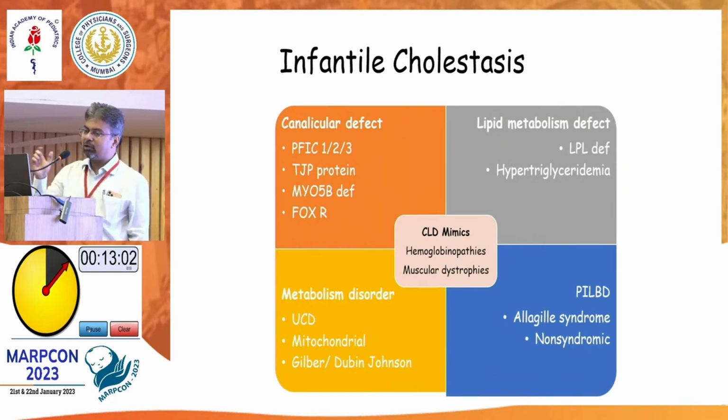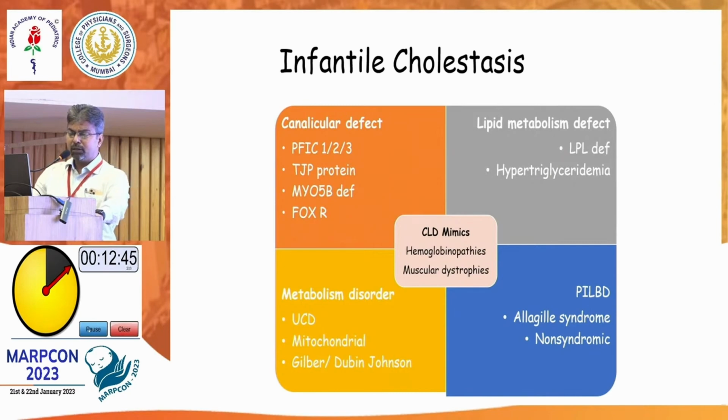The canalicular defects we used to call PFIC, progressive familial intrahepatic cholestasis. The other is the lipid metabolism defect like Wolman disease, lipoprotein lipase deficiencies or hypertriglyceridemias. The third group is paucity of interlobular bile ducts like Alagille syndrome or non-syndromic, and metabolism disorders like urea cycle defect, mitochondrial disorders, or Dubin-Johnson or Rotor syndrome.